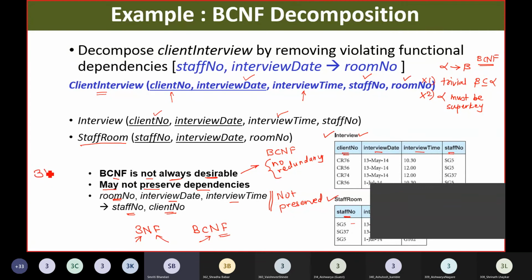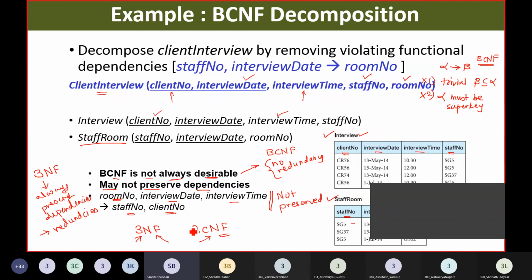So in brief, I may say that 3NF will always preserve dependencies. Right? But the drawback of 3NF is we may have redundancies in 3NF.